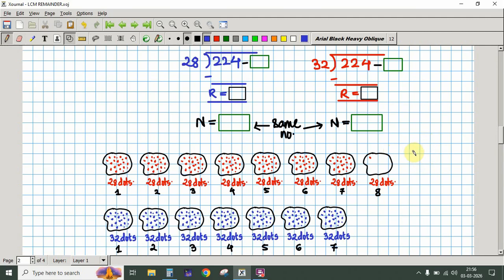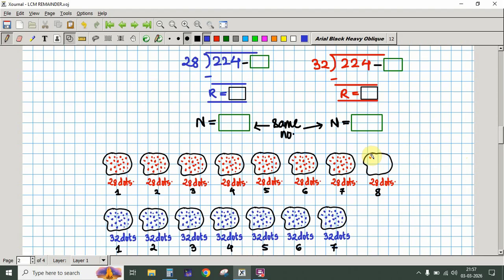But how can I get this 27 by using 28 and remainder 1? The relation between these three numbers is: whatever the divisor is and whatever the remainder you want, you just subtract it. So 28 minus 1, whatever the answer is, 27, you just remove this many objects from the last set.